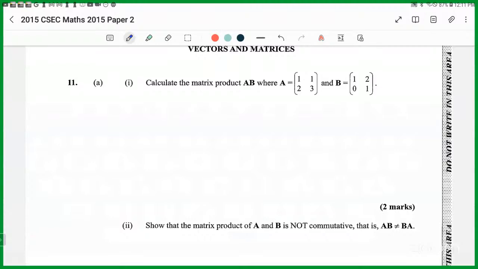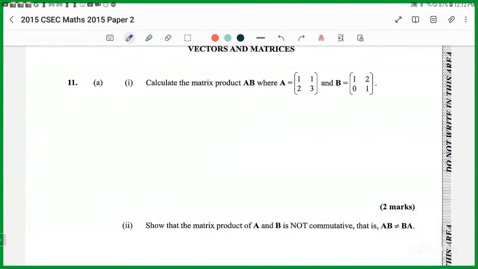So this one says we have to calculate this product again, and then show that it is non-commutative, AB not equal to BA. I'll just run through it quickly. It's basically more of the same, just different values. I think I might need to do one of the more recent papers to get a question with the conformable or not.